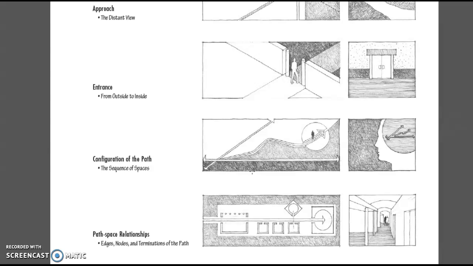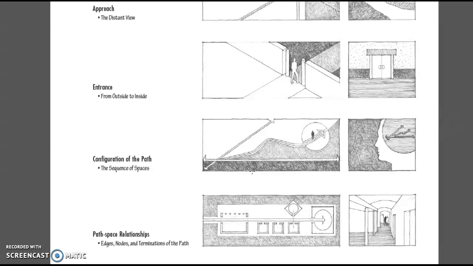Automatically that path will have some configuration or some sequence of spaces to follow. So that is configuration of path. And then path-space relationships. That means you are going through different spaces and you are experiencing them on the way.